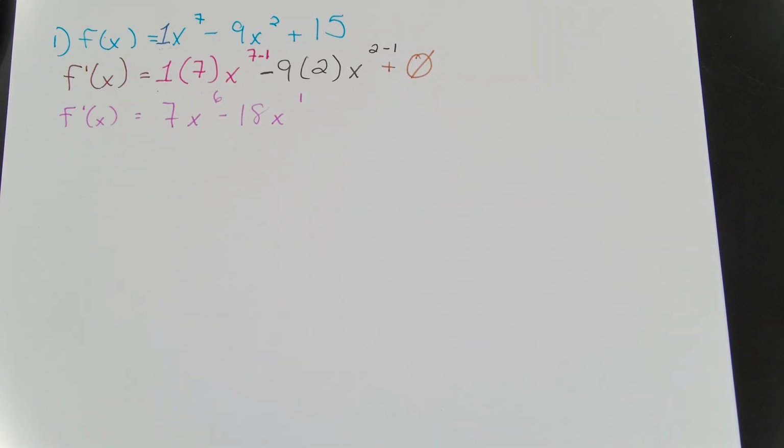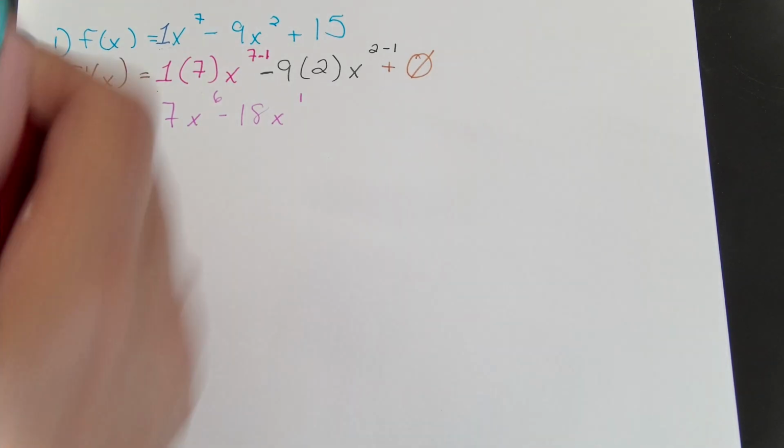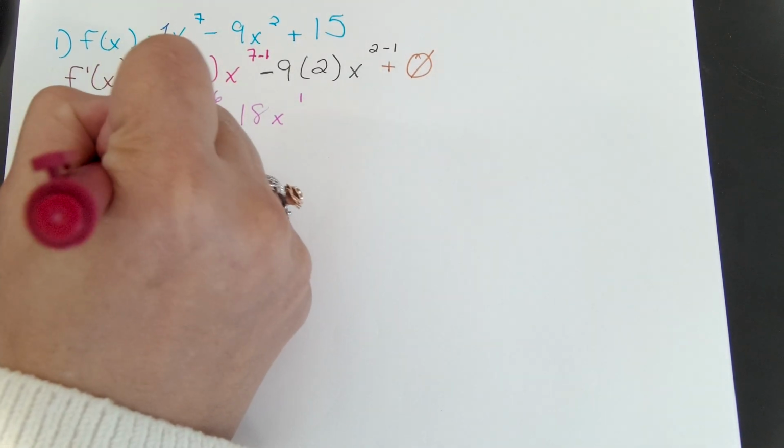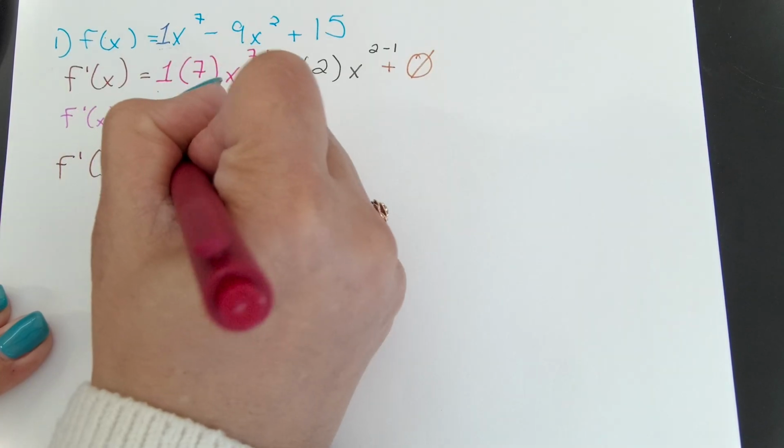Give you some processing time. Since it's 1, couldn't you just take it off? Very good. Because the exponent is 1, you don't have to write it.